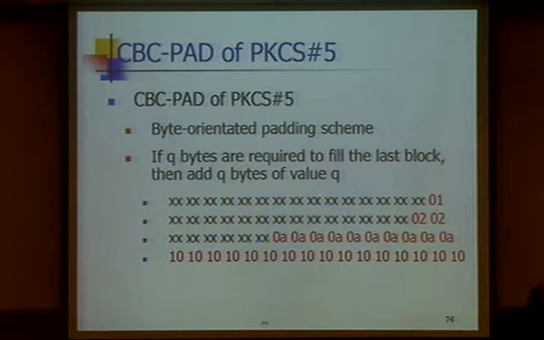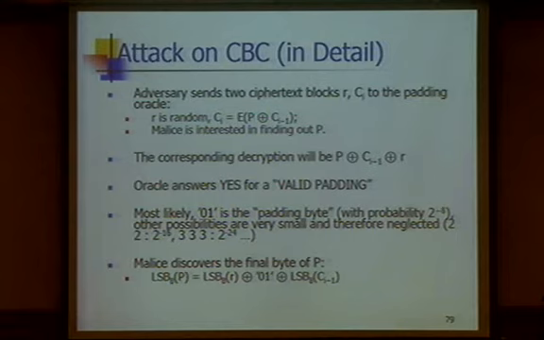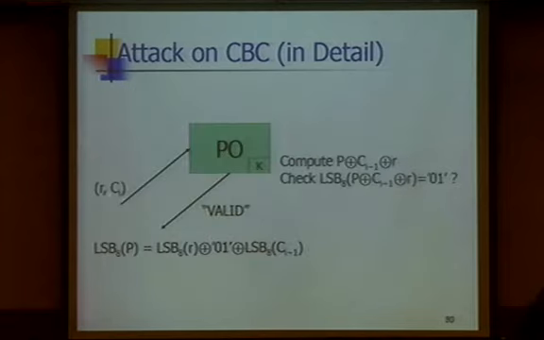By using these padding rules and the malleability property of the CBC mode, we can decrypt the target ciphertext like this. Here R means the random block and Ci means the target ciphertext. Firstly, the adversary gives the padding oracle the random cipher block R and then the target ciphertext Ci. The padding oracle will decrypt these 2 cipher blocks, and then he will finally get this region.